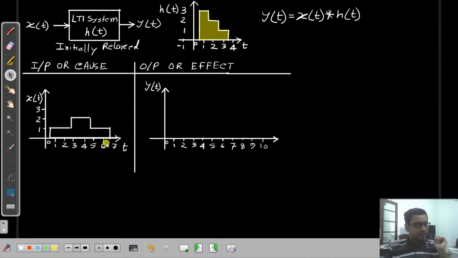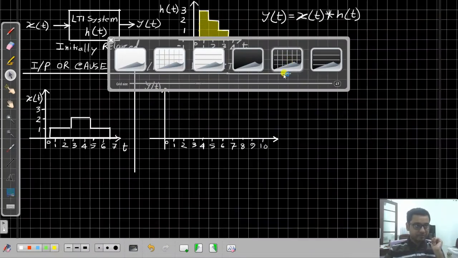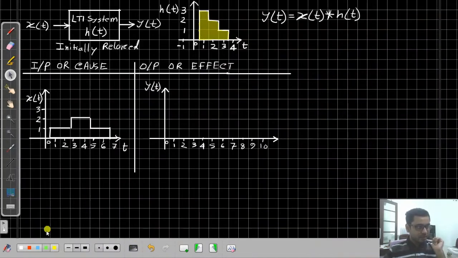For that, we shall chop this input into very narrow slices. Let me take a graph paper. Now let me slice this input into narrow slices like this.